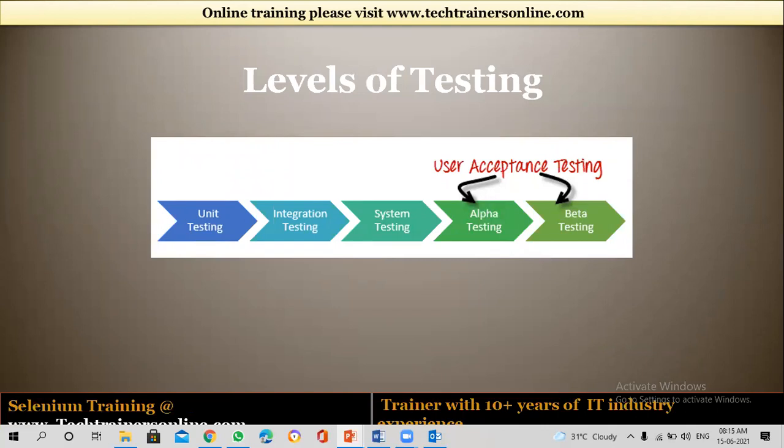Now let's try to understand levels of testing. When we talk about testing, we understood that system testing, or whatever testing we do, is basically done by the testing team. It's not only done by the testing team. In fact, before it comes to the testing team, there is a concept called unit testing. So who develops the code? Developer.